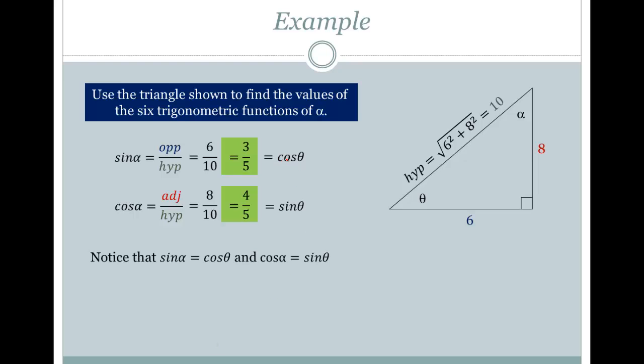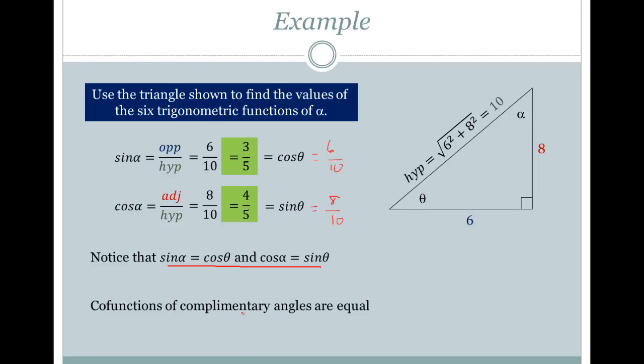But if you look here, let's go back and look at the cosine of this angle. Remember, cosine is adjacent over hypotenuse, so the cosine of theta, with adjacent side 6, is 6 over 10. And over here, sine is 8 over 10. What that tells me is that sine and cosine are cofunctions of complementary angles.